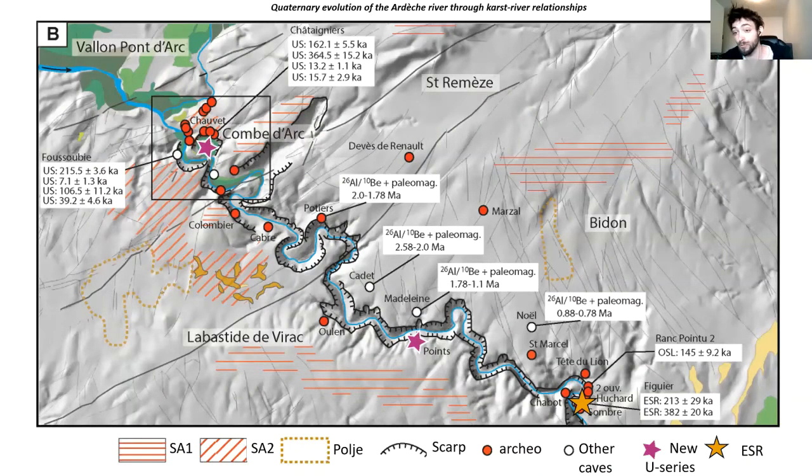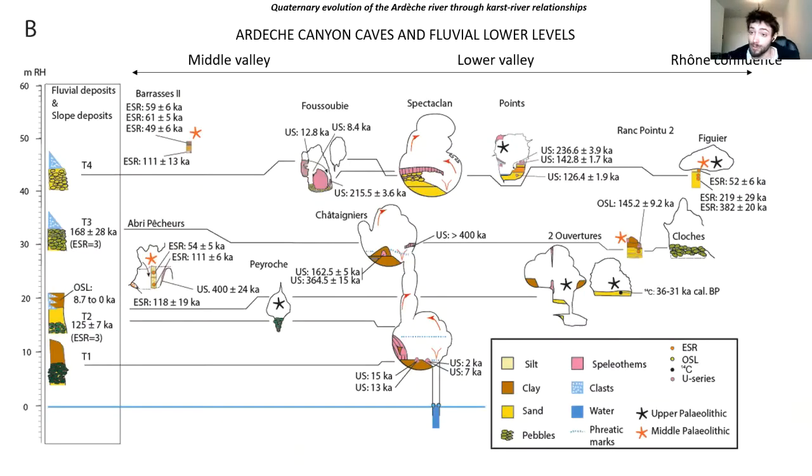We performed both ESR measurements and uranium-thorium dating inside the cave systems. Then we tried to organize all those observations and the datings, also using former results, in relative height, trying then to compare some results with other ones.